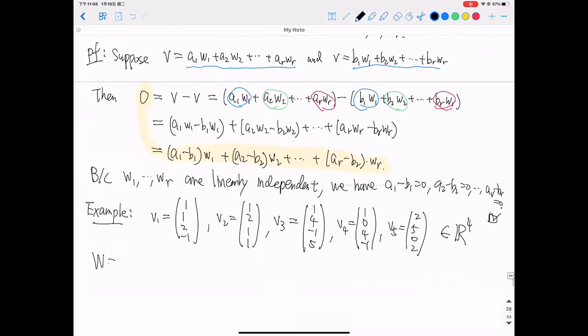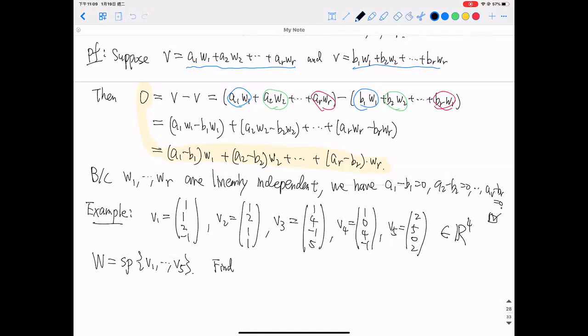And let W be their span. Now we can ask the following question. We certainly have V1 through V5 being a spanning set of W, by definition, by the construction of W. So we just have to worry about whether these 5 vectors are linearly independent or not.